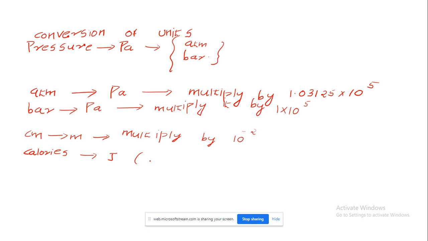So what you should do is multiply by 4.1868. That is, to convert one calorie into joules, it will be 4.1868 joules. You have to multiply it by that. That is, one calorie is equal to 4.1868 joules. Clear?